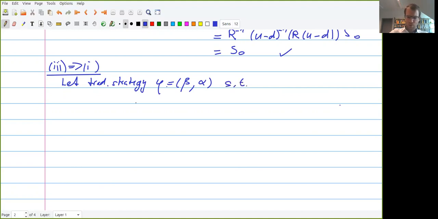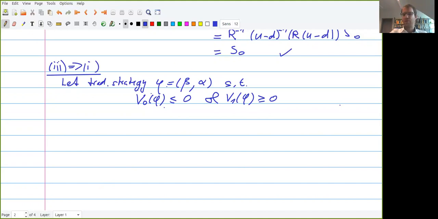If we want to have an arbitrage opportunity, it has to fulfill that the initial value is less or equal to 0, and the terminal value is almost surely non-negative, right?